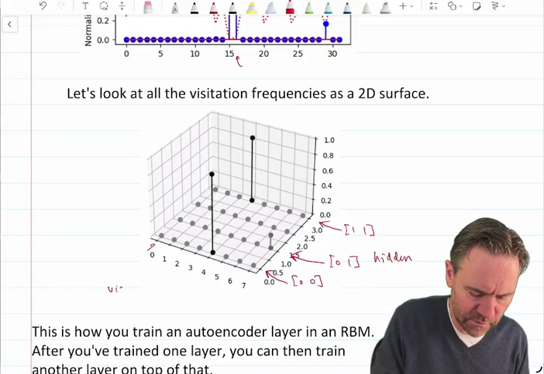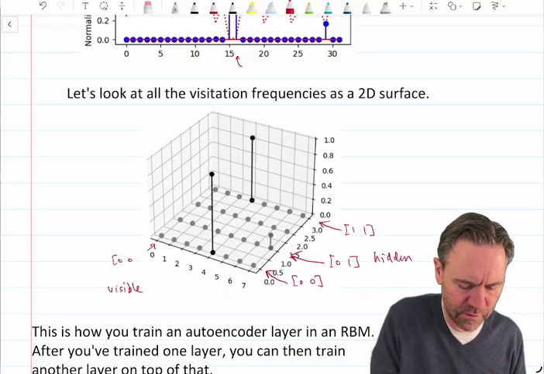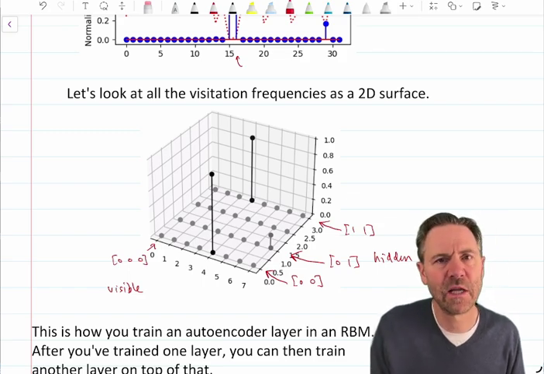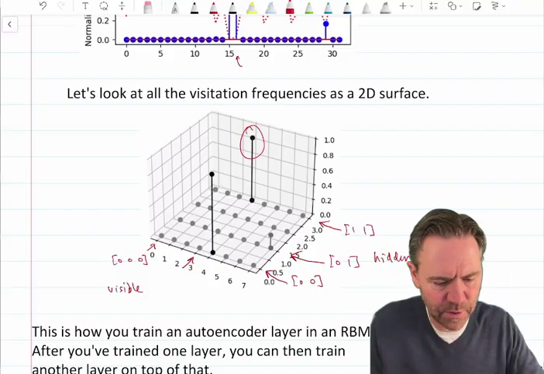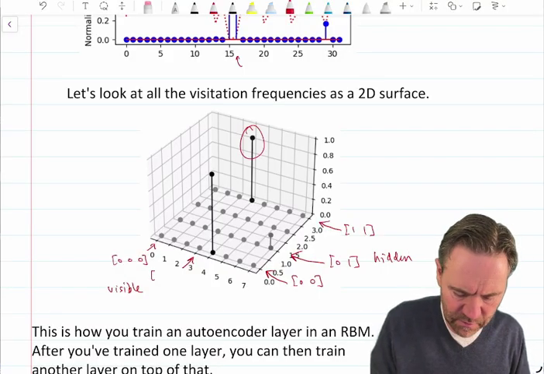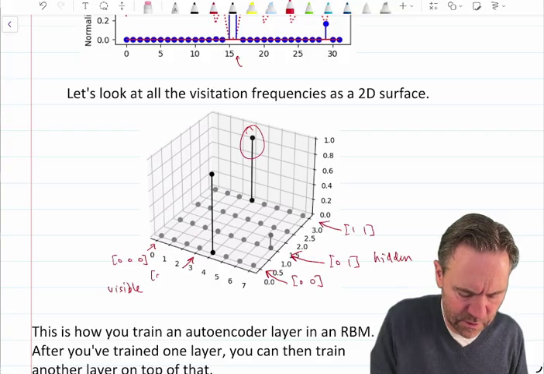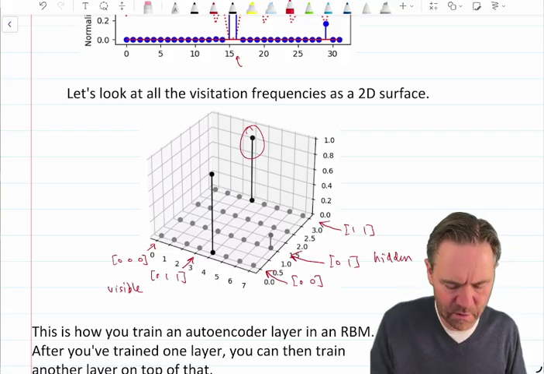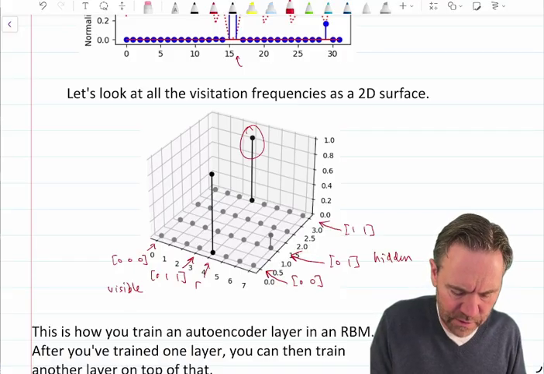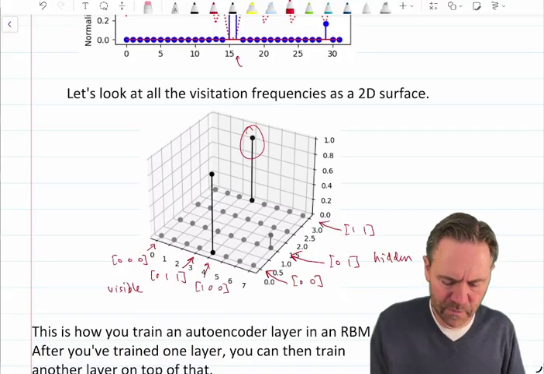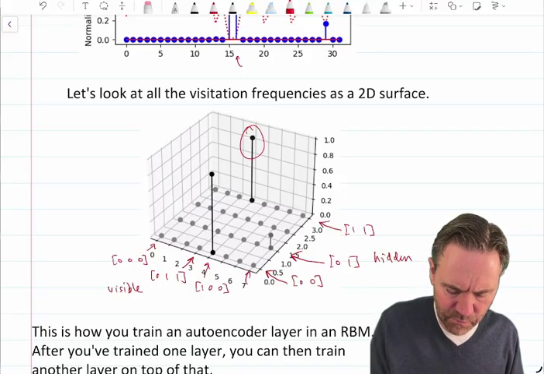Over here is visible. This first one is 0, 0, 0. I'll just label the ones that are relevant now. This one here, where we've got this peak, is value 3, so it's 0, 1, 1. Yes, 1 plus 2 is 3. This one here is 1, 0, 0. And this one here is 1, 1, 1.